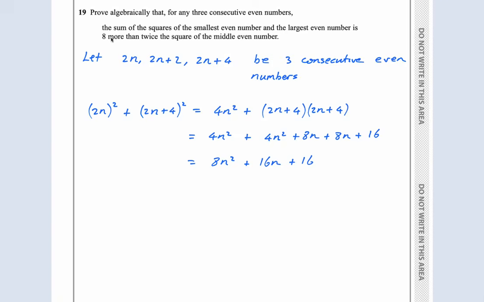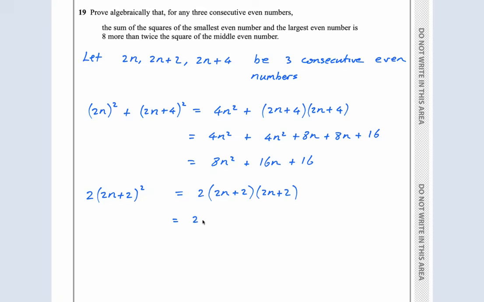Okay, so that's the sum of the squares of the smallest and the biggest. And we have to say that this is 8 more than twice the square of the middle number. So twice the square of the middle number is 2 times 2n plus 2 squared, because I'm going to square this and multiply by 2 because it's twice. So this is equal to 2 times, again guys, let's be careful here, 2n plus 2 times 2n plus 2.